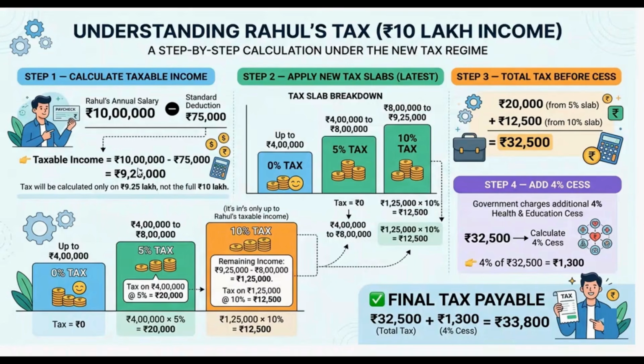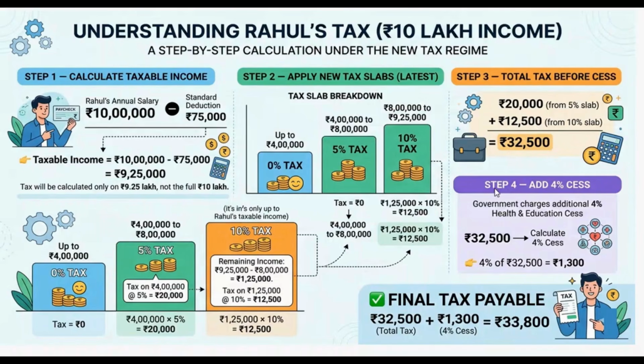The taxable income is 9 lakh 25,000. 9 lakh 25,000 minus 8 lakh, the upper limit of the previous slab, is equal to 1 lakh 25,000. So 10% of 1 lakh 25,000 is equal to 12,500. Now total tax before the cess is 20,000 plus 12,500, which is 32,500.